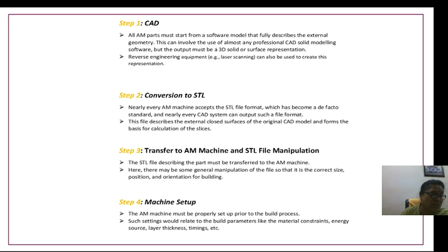The spatial locations of the vertices of each triangle and the vectors normal to each triangle are combined. These features allow AM pre-processing programs to determine the spatial location. That is what has been observed here; I have highlighted only the points.